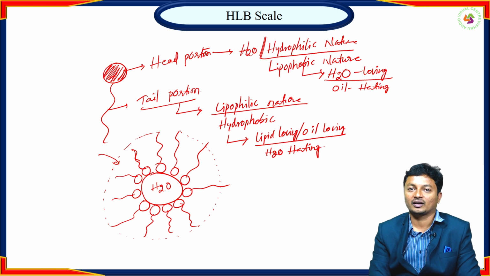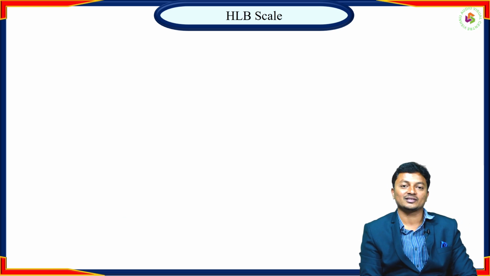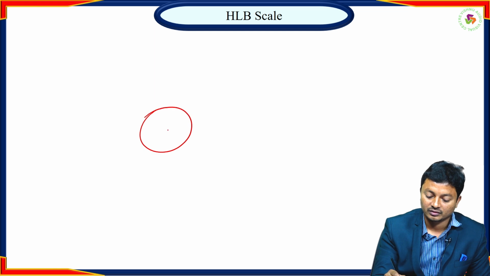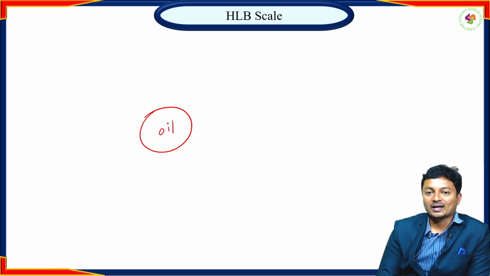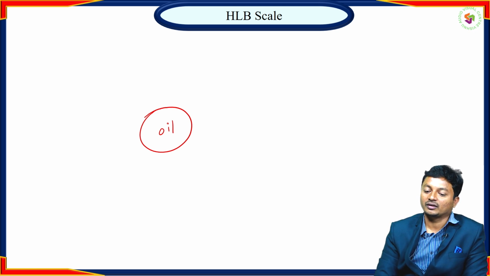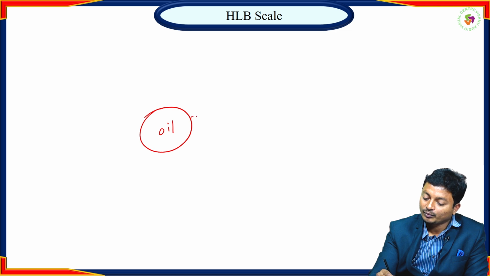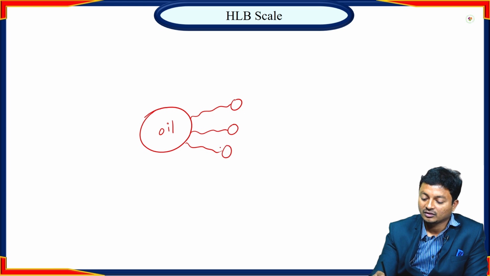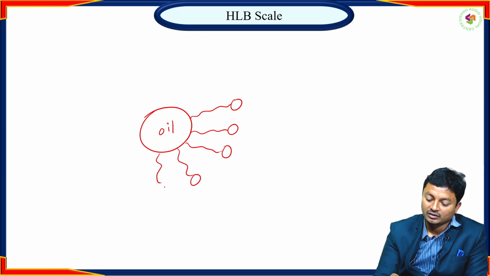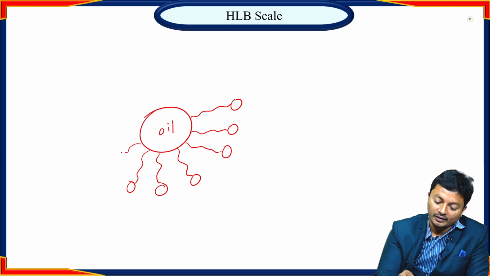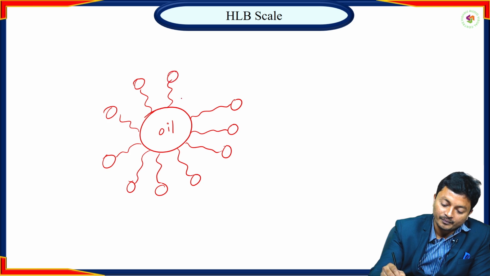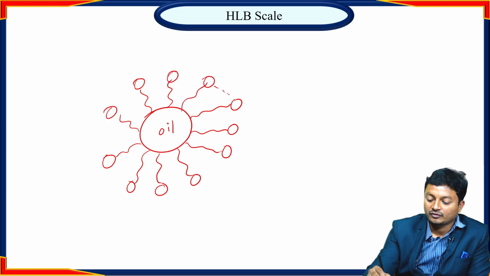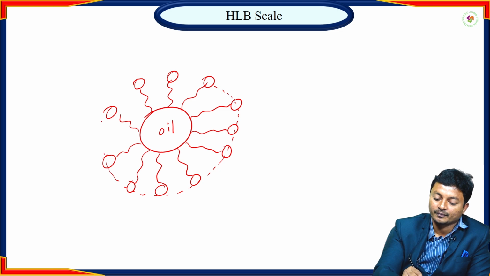If the same surfactant is added to an oil portion, say this is the oil portion, then the tail portion of the surfactant will attach to the oil portion like this, and here again we can observe the formation of boundaries like this.